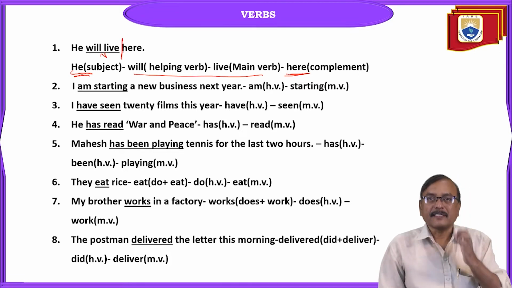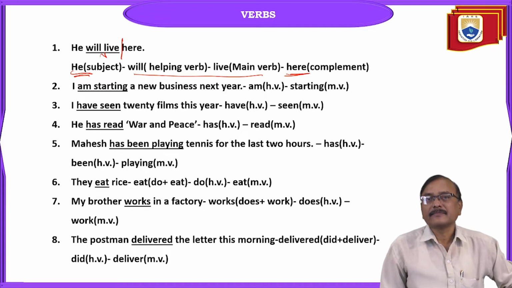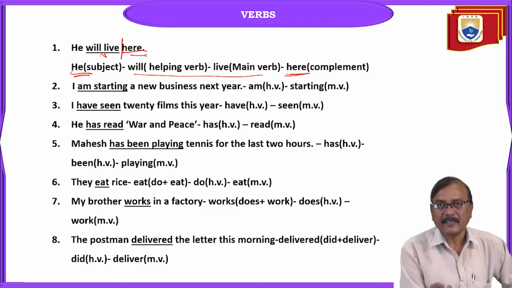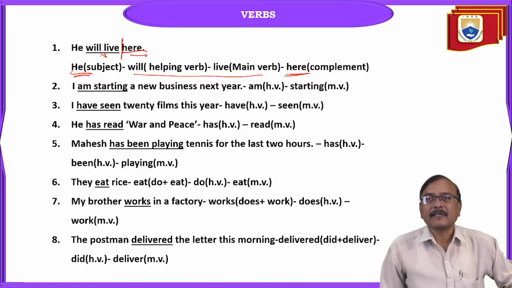You may question here, he will live where? To complete the sentence, we are using this extra word here. That is called a complement. So, what is meant by complement?